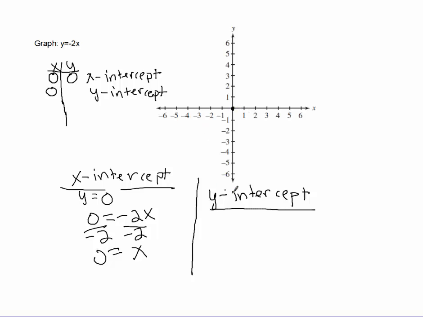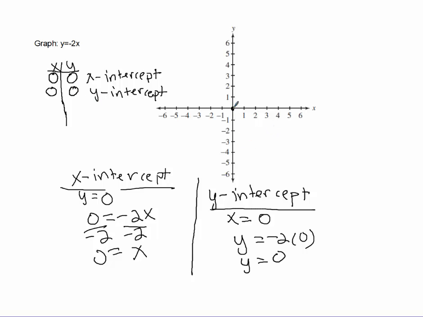So there's one point. Now for the other one, we're going to set x equal to 0. If I do that, I have this equation, and when I multiply those two, I get 0. So you see that if x is 0, then y also is 0.